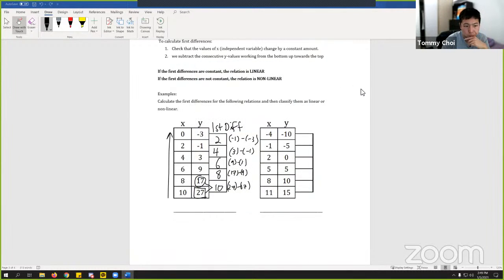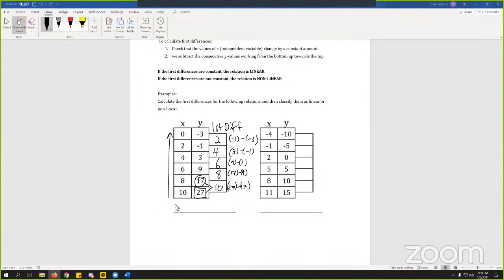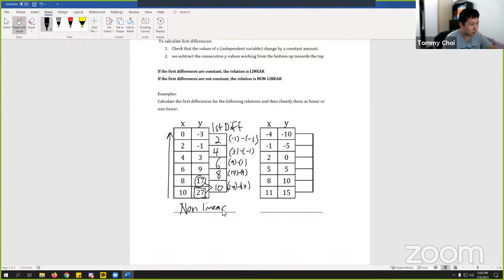Linear or nonlinear? Someone give me an answer. Elia is saying linear. No, this is not linear. This is non-linear, guys.